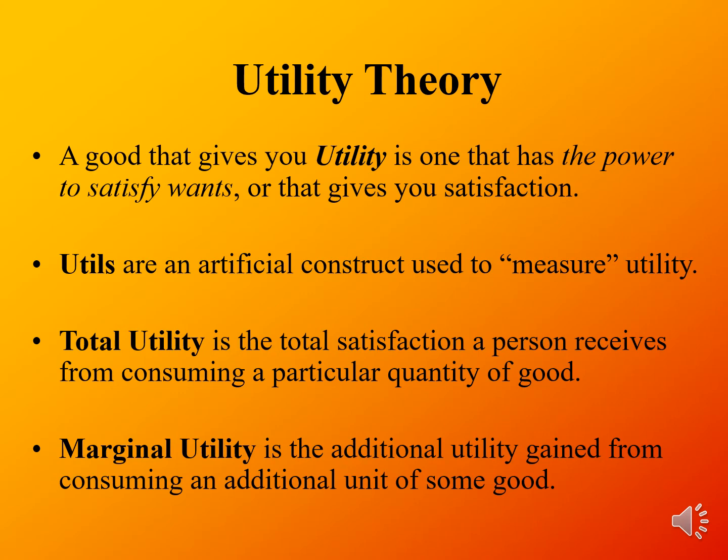It is called utils. And utility can be divided into two, total utility and marginal utility. Total utility is the total satisfaction a person receives from consuming a particular quantity of goods. And marginal utility is the additional utility gained from consuming an additional unit of some goods.